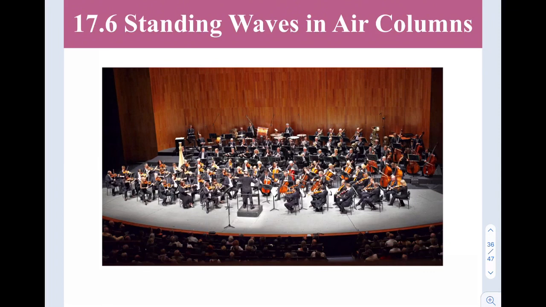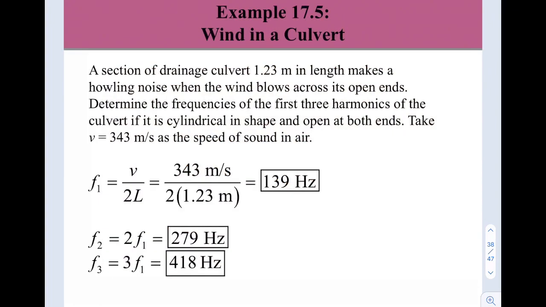So for standing waves in an air column, we have lots of instruments that use standing waves in an air column. Example 17.5, wind in a culvert. A section of drainage culvert 1.23 meters in length makes a howling noise when the wind blows across its open ends.